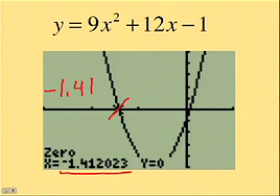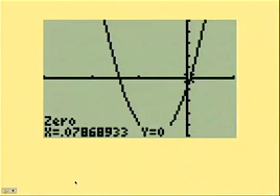Well, there's another intersection over here, so let's take a look at what the grapher tells us about that. It tells us that the solution for that is right here, and it's positive 0.078689, etc. And for that particular solution, then, we would use 0.08. We would round it up.